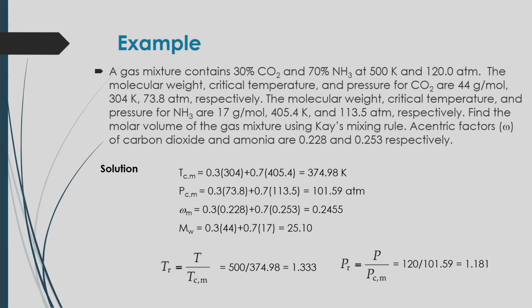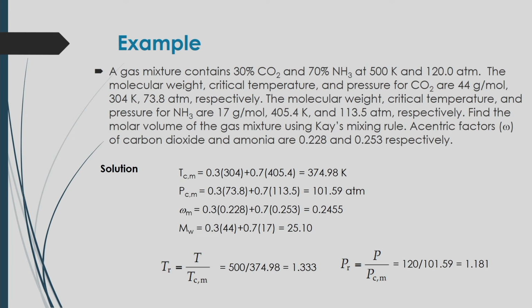Find the molar volume of the gas mixture using Kay's mixing rule. Here the eccentric factors of carbon dioxide and ammonia are given as 0.228 and 0.53 respectively. So, you have to find out what should be the molar volume of the gas mixture.